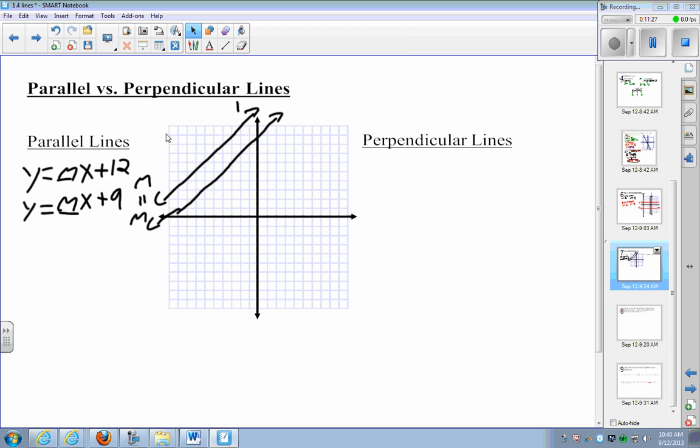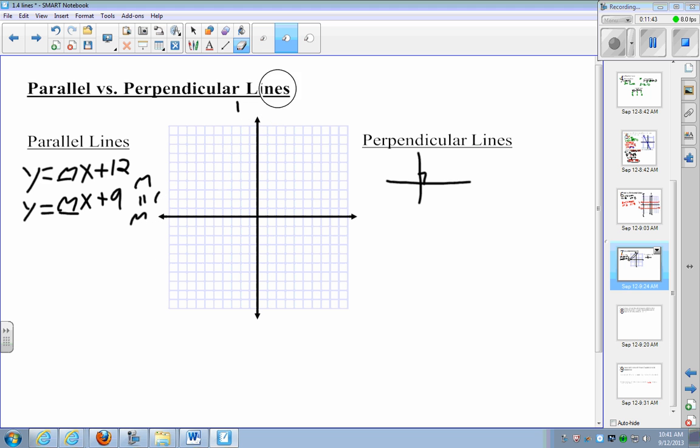Okay, now let's talk about perpendicular lines. Perpendicular lines are lines that actually intersect, but they intersect so that there's a right angle between them. All right, so let's look at some examples here. Okay. So suppose we have this horizontal line right here.